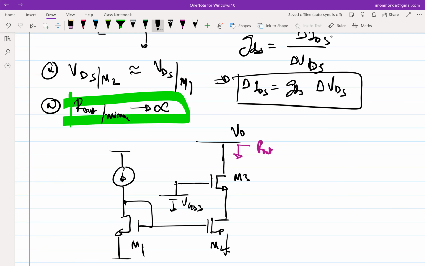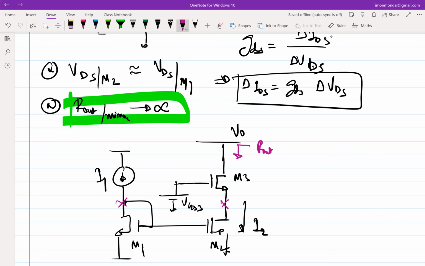Okay, so now, how do I ensure that the quiescent currents on both sides are identical also? I have to ensure that I1 and I2 are identical, which essentially means that I need to ensure that these two voltages are similar. Ideally the same, but we know enough by now that nothing is absolute, it has to be similar.